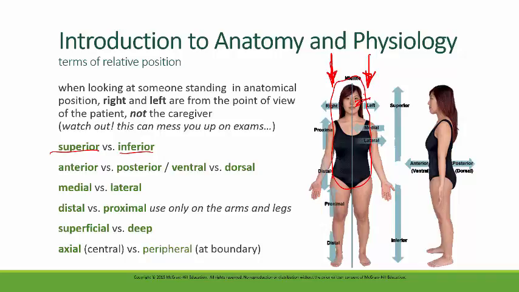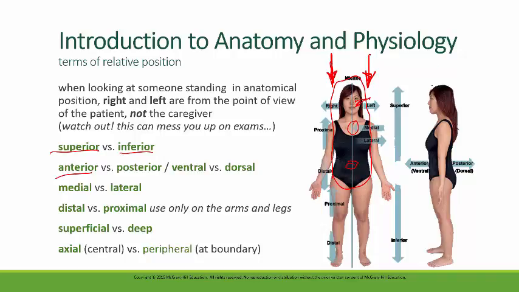So we could say that the woman's umbilicus region is inferior to her sternum, the breastbone. So superior and inferior. We can also divide the body front to back. Anything that is on the front side of the body is referred to as anterior.